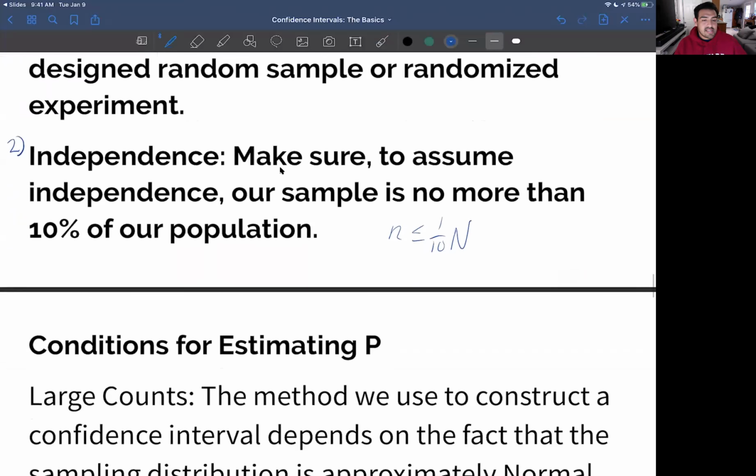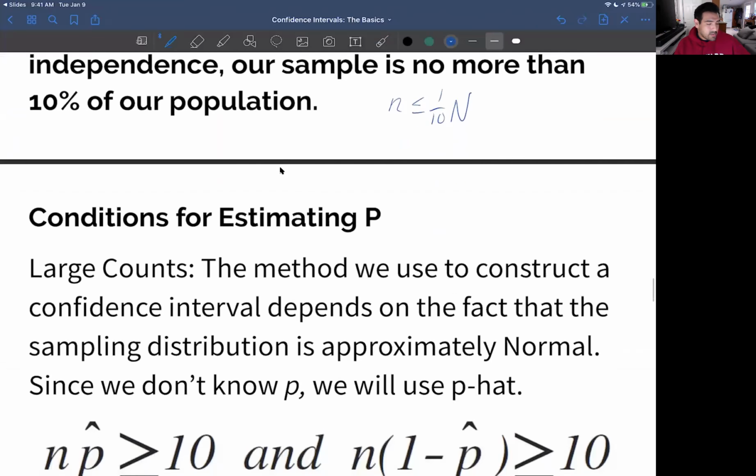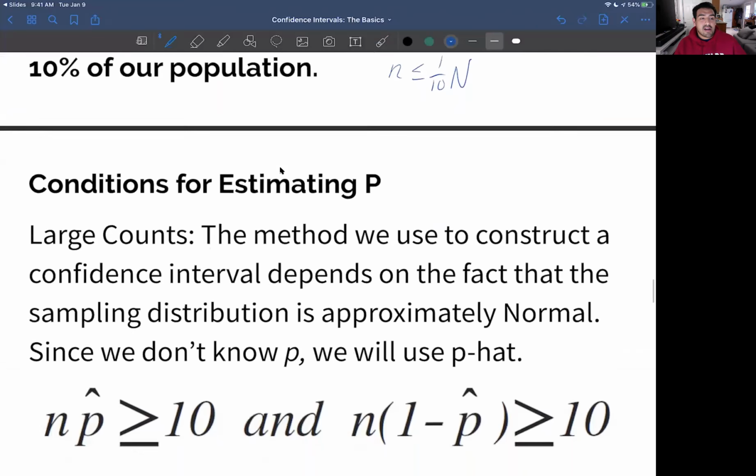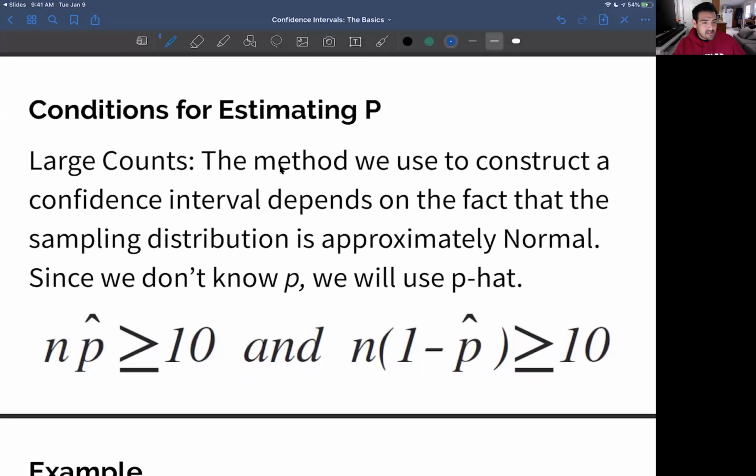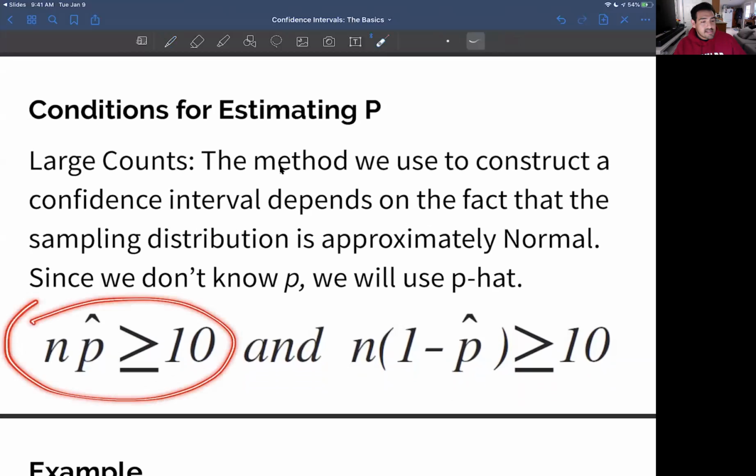Another condition that needs to happen in order for us to create a confidence interval is the large counts condition. Remember, the large counts condition helps us assume that our distribution is normal. Our sample size times our probability of success, in this case our point estimator p hat, what we collect from the sample, needs to be greater than or equal to 10.